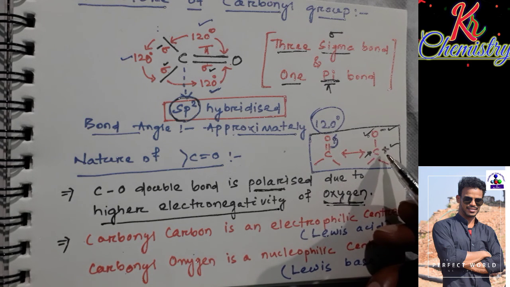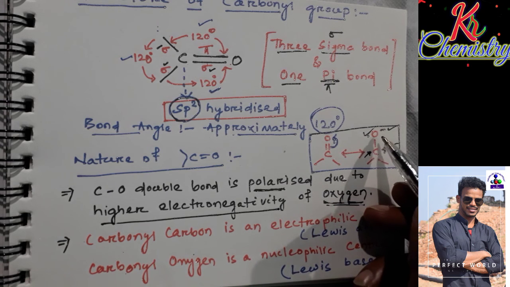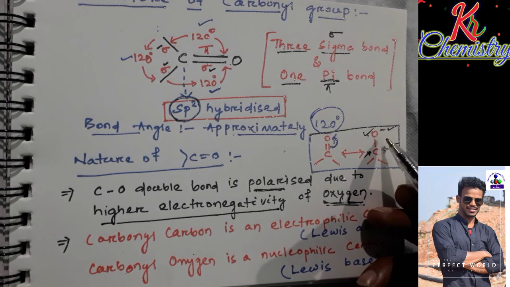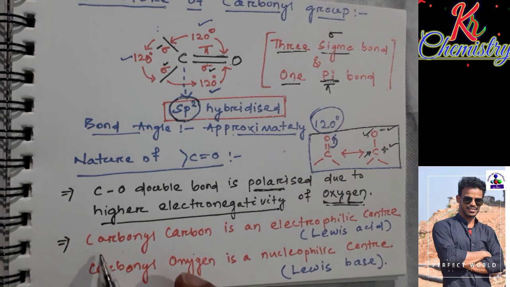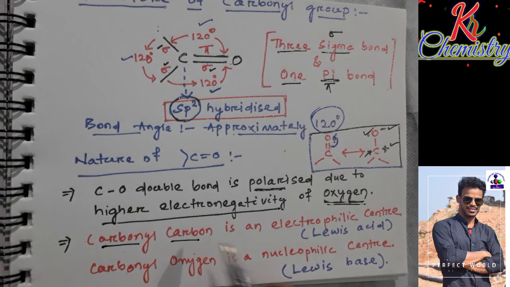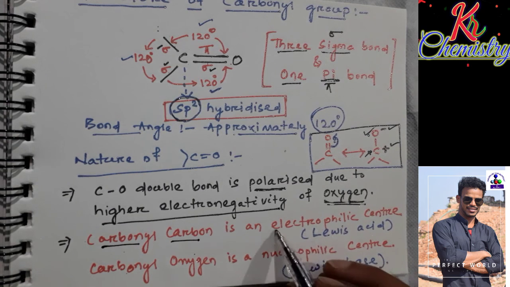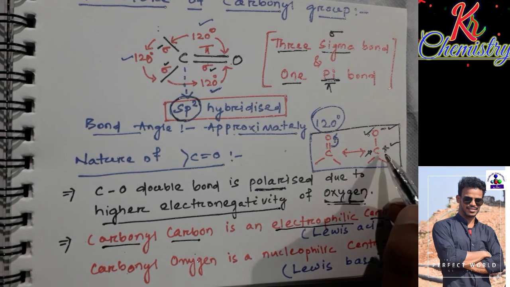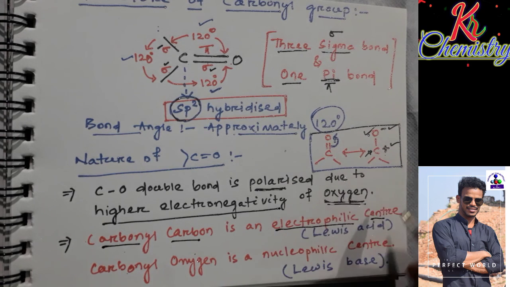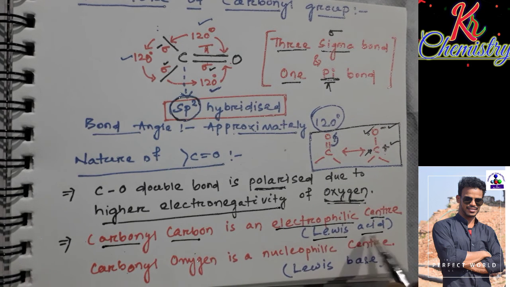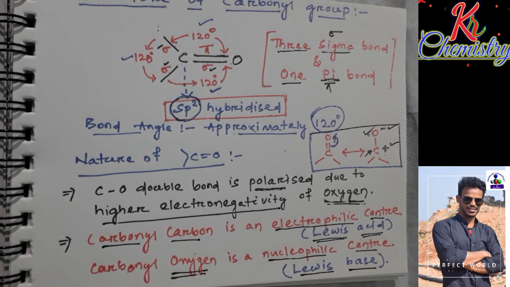That's why carbon gets partially positively charged and oxygen gets partially negatively charged. Next, the carbonyl carbon is an electrophilic center. This carbon atom is partially positively charged, so it acts as a Lewis acid. And the carbonyl oxygen is a nucleophilic center, so it acts as a Lewis base.